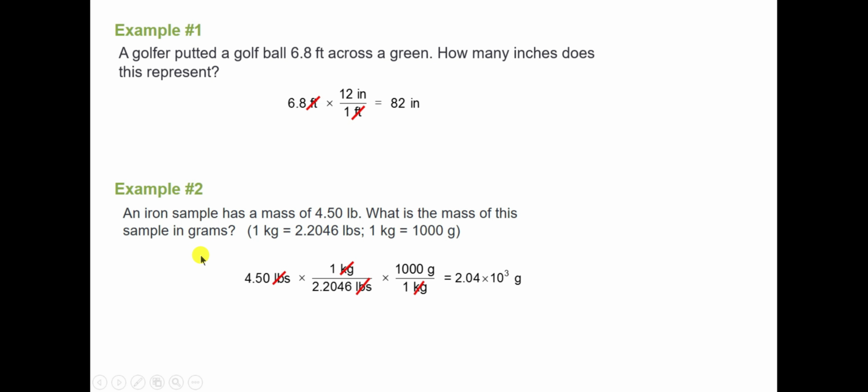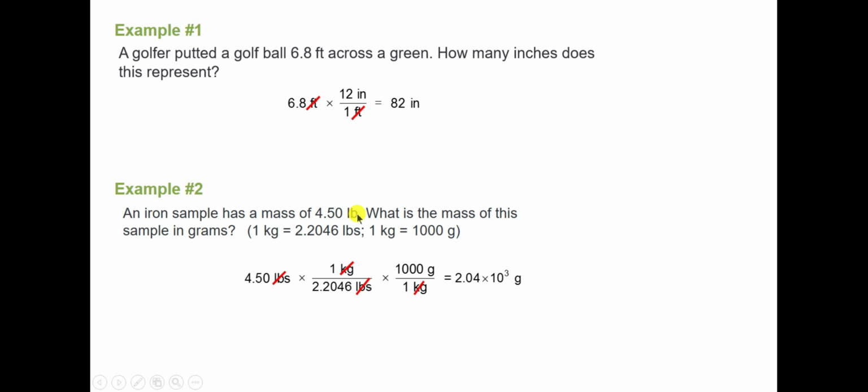An iron sample has a mass of 4.5 pounds. What is the mass of the sample in grams? It gives you some equality information following it: a kilogram is equal to 2.2046 pounds, and a kilogram is equal to 1,000 grams. Well, this information clearly must be for the conversion factors, since it's relating different units. So I'm going to assume this is for the conversions, and 4.5 is my starting number. Since I'm starting with pounds, I know my first unit must have pounds on the bottom.